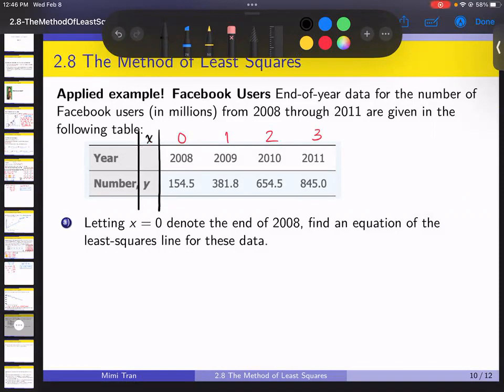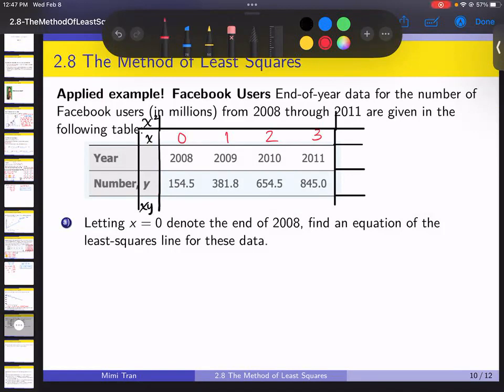So that's my X, that's my Y, my X squared right there, and here's my XY.